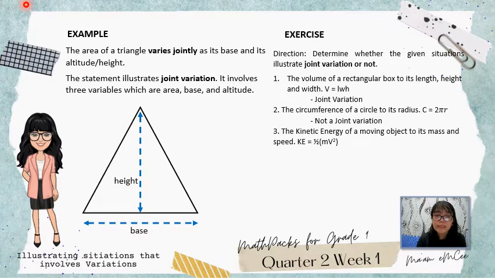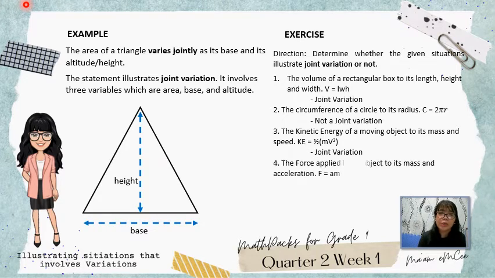So this is an illustration of a joint variation, because as you may notice, we have here three variables involved: our KE, which is the kinetic energy, our m, which is the mass, and our speed, which is the v, or our velocity. So again, this situation illustrates joint variation.